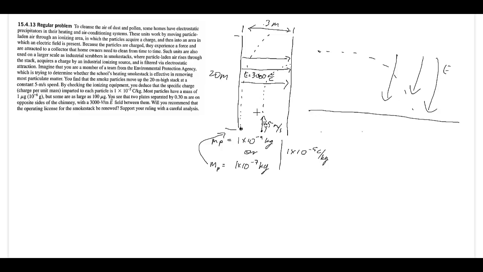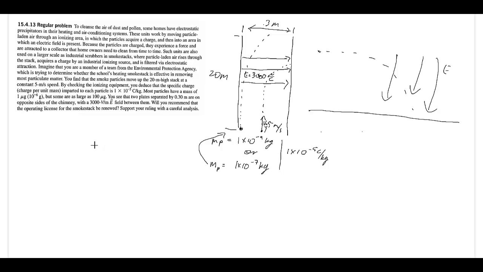Also, one of the assumptions we're making is that this E field is exerted the entire way through the smokestack, which I'm sure it's not, but let's say it is for the sake of argument, because if this E field is being applied the entire length of the smokestack and the particle still makes it out, then obviously the smokestack's not being very effective. If it doesn't even get close, then maybe we can say how big the E field region needs to be so that it does work. I don't know. We'll figure it out.